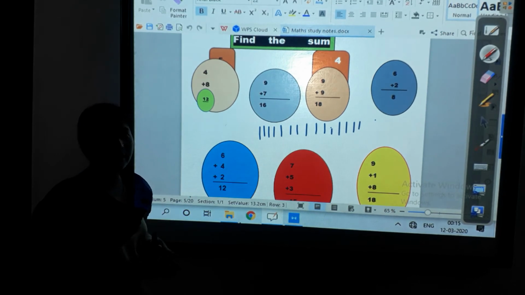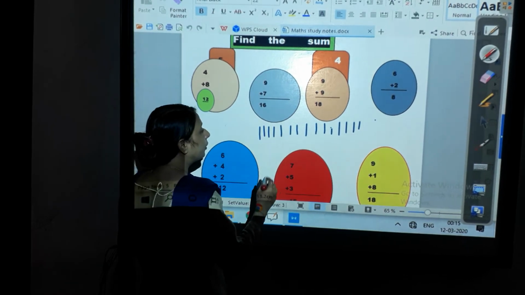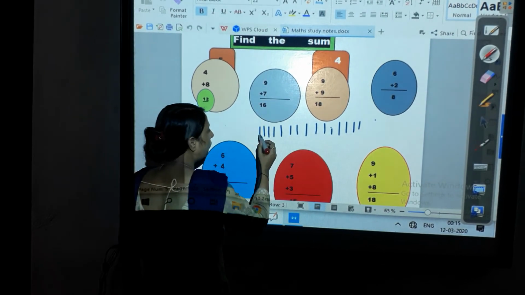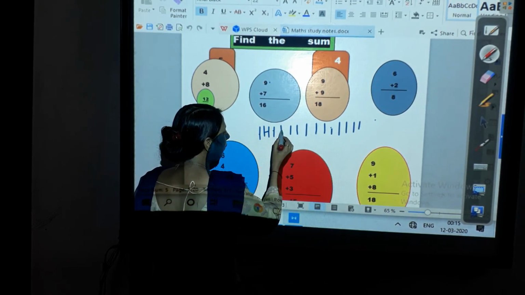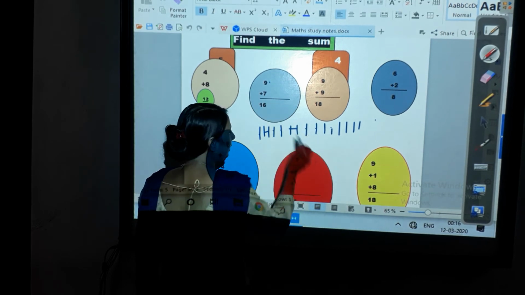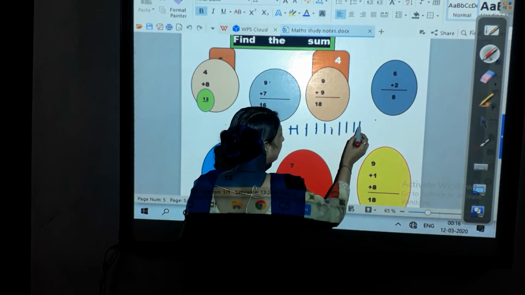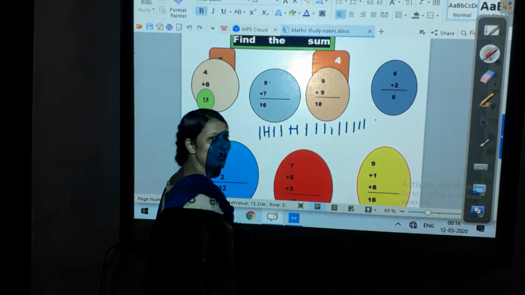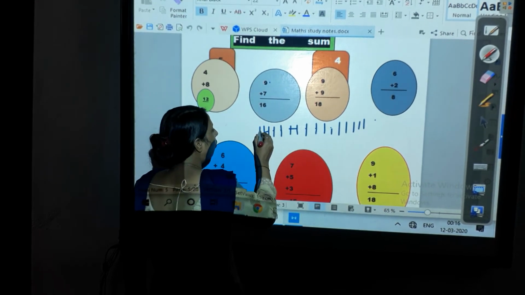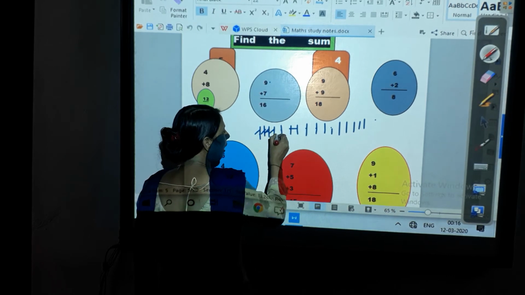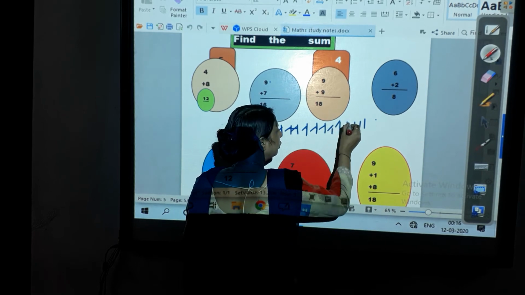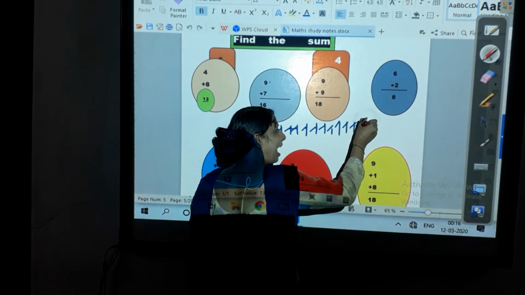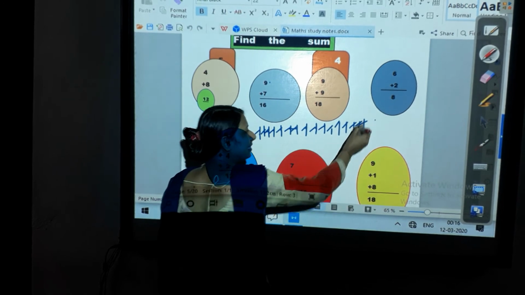You will practice it like this. There are various ways to count it. So let us see how many lines are there. First number is 9: 1, 2, 3, 4, 5, 6, 7, 8, 9. Next is 7: 1, 2, 3, 4, 5, 6 and one more, that is 7. So let us count it together. 1, 2, 3, 4, 5, 6, 7, 8, 9, 10, 11, 12, 13, 14, 15 and 16.